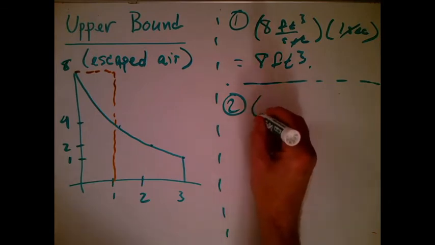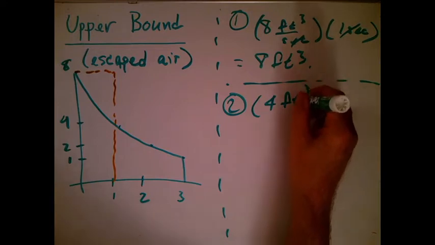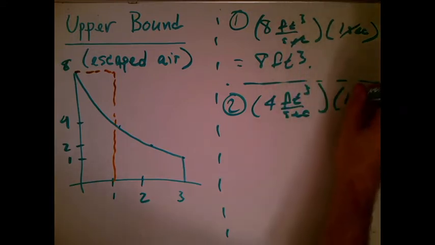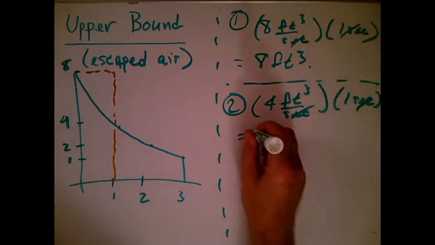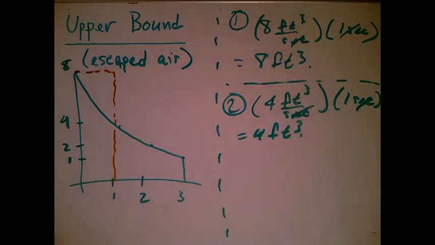So I'm going to take my 4 cubic feet per second and multiply by the 1 second I'm focusing on. The seconds cancel. I get 4 cubic feet. Now, what's 4 cubic feet? 4 cubic feet is an amount of air that's guaranteed to be bigger than the amount of air that came out between the 1 second mark and the 2 second mark.